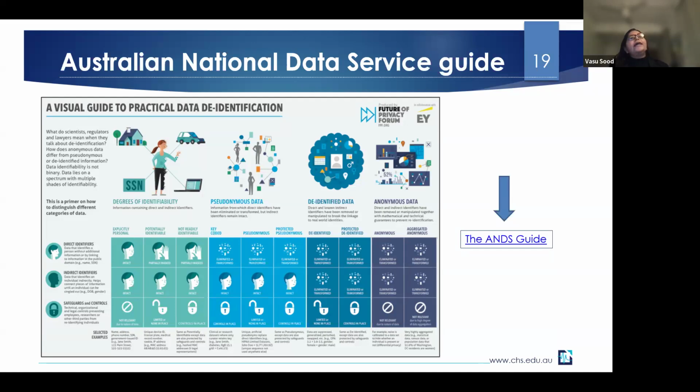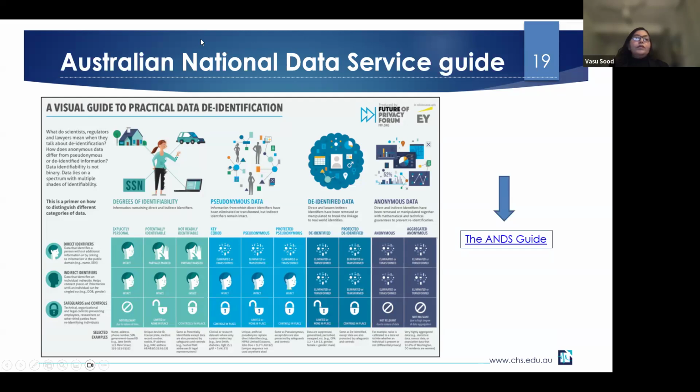The second type of data is de-identified data. De-identified data is data from which direct identifiers have been removed, but indirect identifiers may still exist. So there is a risk of re-identification if the data is combined with other data sets.